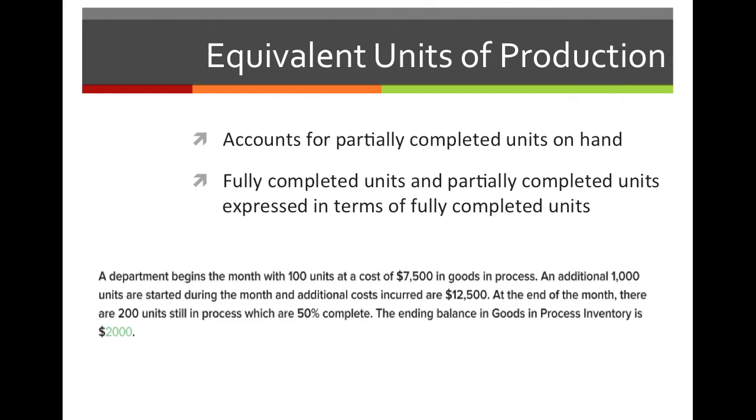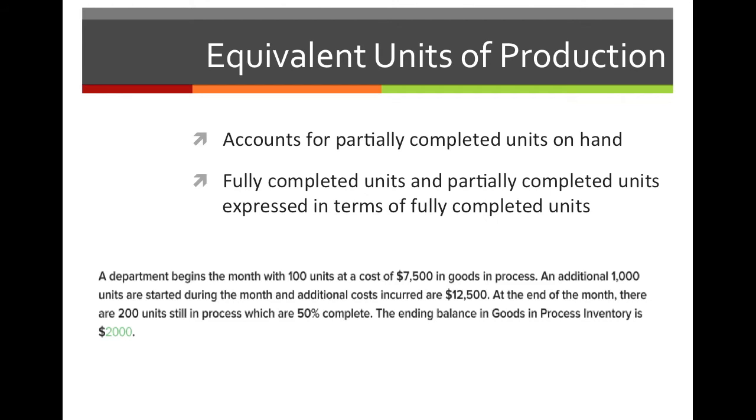So the units that we transferred out and these equivalent units of production would equal 900, the ones that we fully completed that are 100% complete, plus the 100, which we got from taking 50% of 200, that gives us 1,000 units that were fully complete.